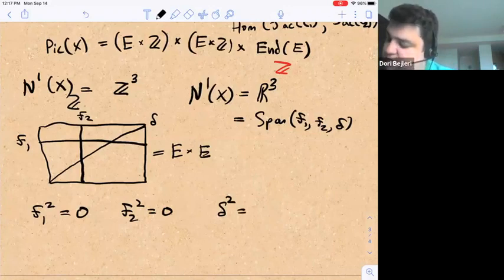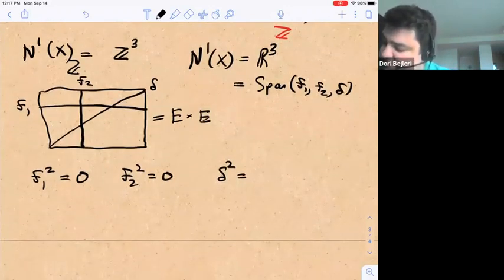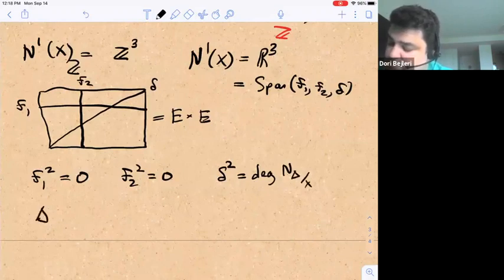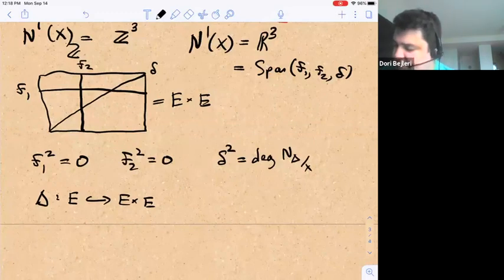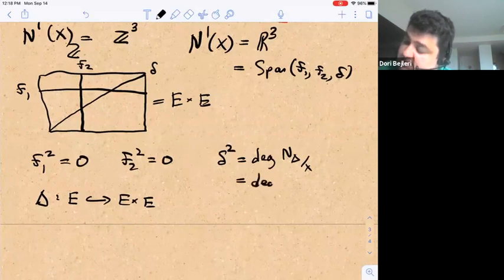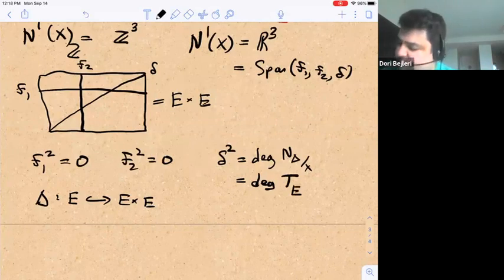The self-intersection of a curve, one of the definitions of the intersection product is that this should be the degree of the normal bundle of the diagonal inside of X. So here delta is the actual embedding of E into E cross E by the diagonal map. And if you remember, one of the definitions of differentials on a scheme tells us that the conormal bundle to the diagonal is the sheaf of differentials. So the normal bundle to the diagonal is the tangent sheaf of E. But E is an elliptic curve, so its tangent sheaf is trivial.